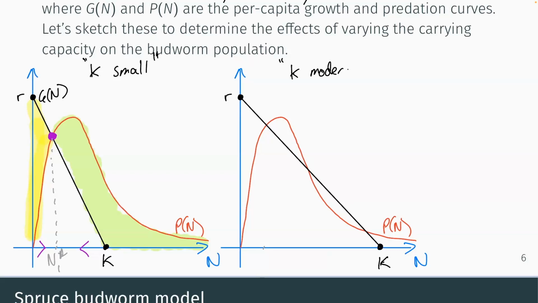Call this moderate carrying capacity. So there's an intersection over here, over here, and over here.